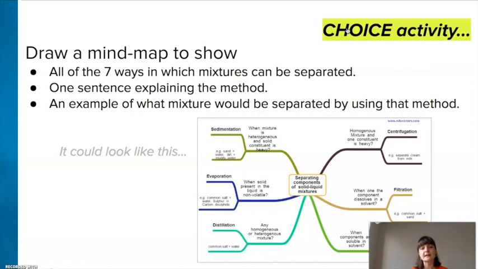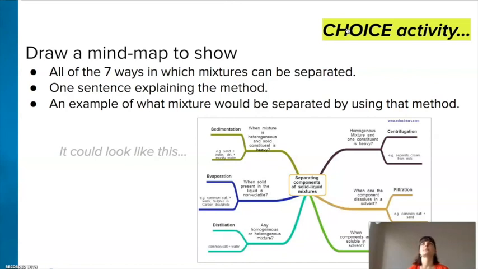And then finally, I want you to choose 1 or 2, even 3 examples of different kinds of mixtures that you would use those methods of separation for. So for example, next to evaporation, you could put salt water. Next to sieving, you could put soil.